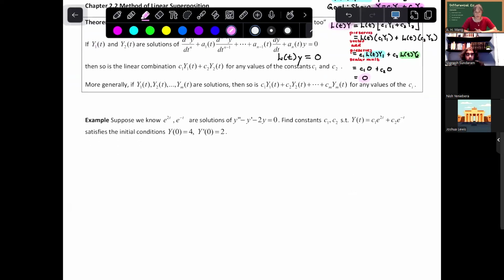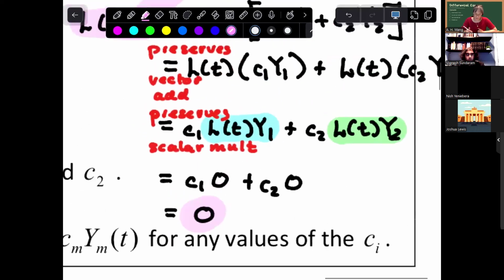Oh, yes, sorry. Aren't the vector and the scalar synonymous with each other? What do you mean synonymous? Okay, scalar means number. For us, it's a real number. And vectors are things like this, right? Like arrows. But from linear algebra, vectors can also be functions.